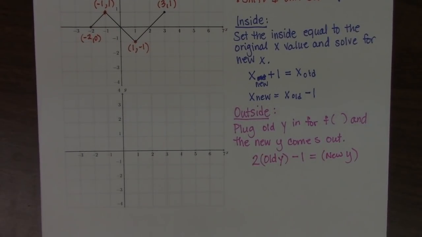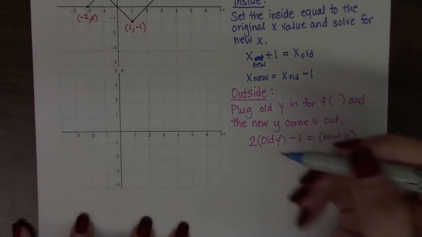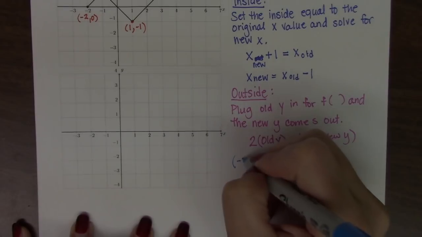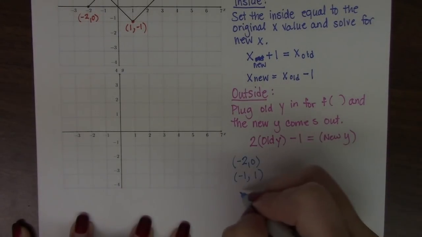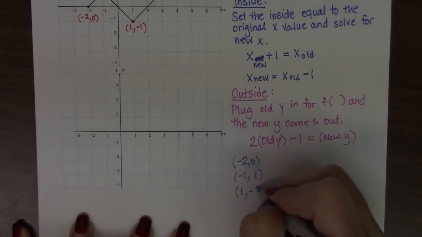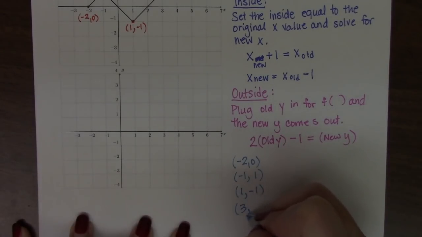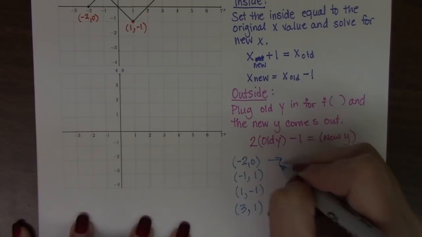So we can actually do this very quickly on all of our points. I'm going to list out the identifying points and we're going to map them to their new location. So the 4 points we want to do this for are (-2, 0), (-1, 1), (1, -1), and (3, 1).